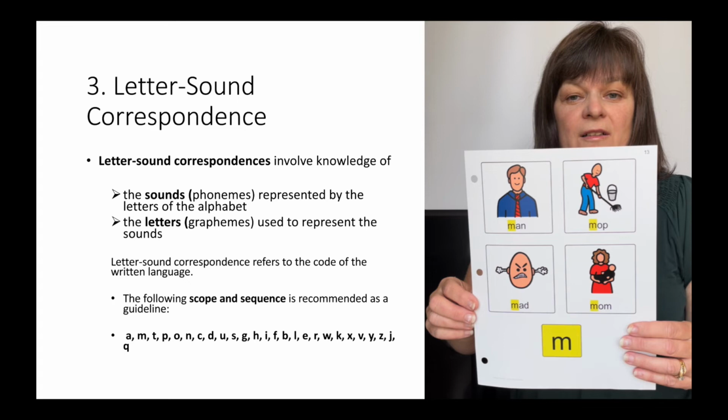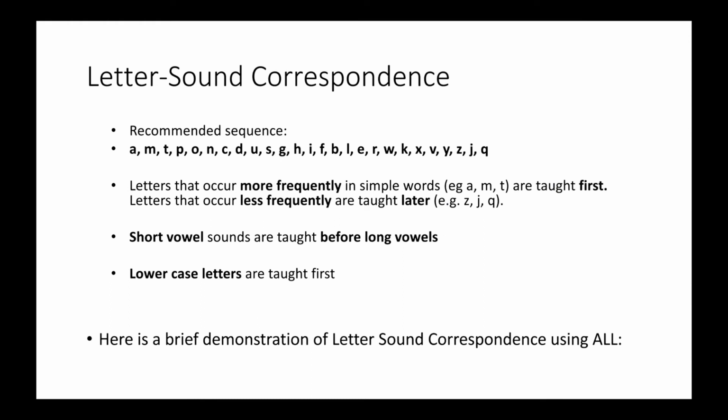The sequence can be modified to account for letter sound correspondences that the student has already learned. A note about letter sound correspondence and the teaching of the recommended sequence. Letters that occur more frequently in simple words, such as A, M, and T, are taught first, generally, and letters that occur less frequently would be taught later, such as Z, J, and Q. Short vowel sounds are taught before long vowels.